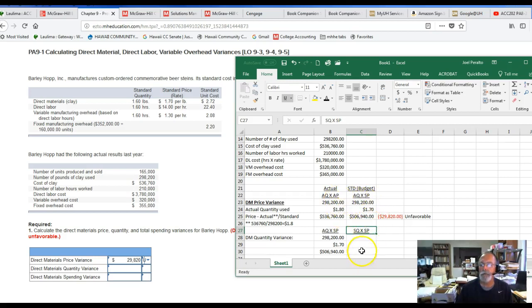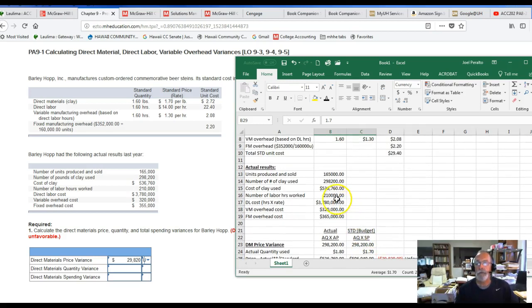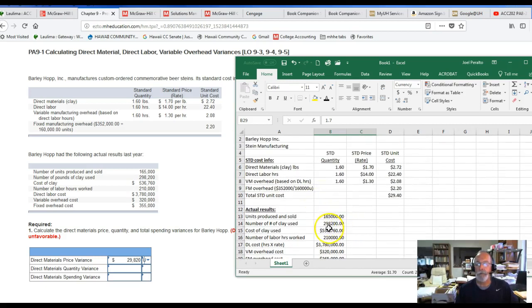Standard price is 1.7. Standard quantity would be based on number of pounds of clay used divided by standard quantity per unit, 1.6.